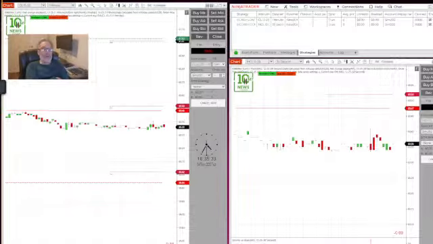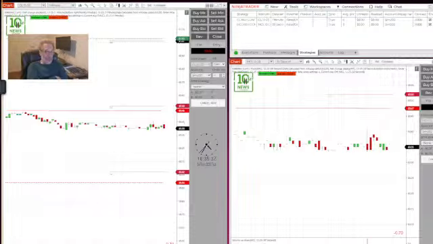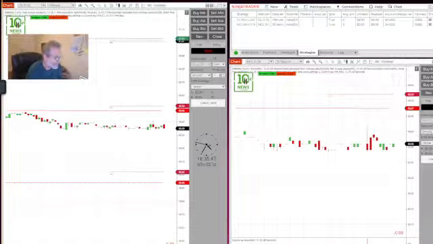So why does the prop account have frozen orders, and what appears to be slippage, when 9 times out of 10 in a sim account you don't have slippage and liquidity bad fills? I need someone to explain that to me.